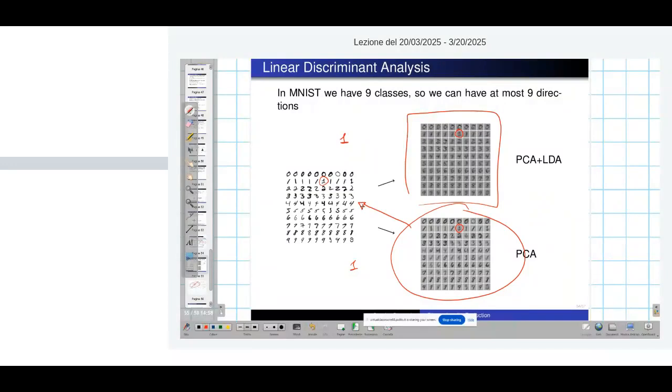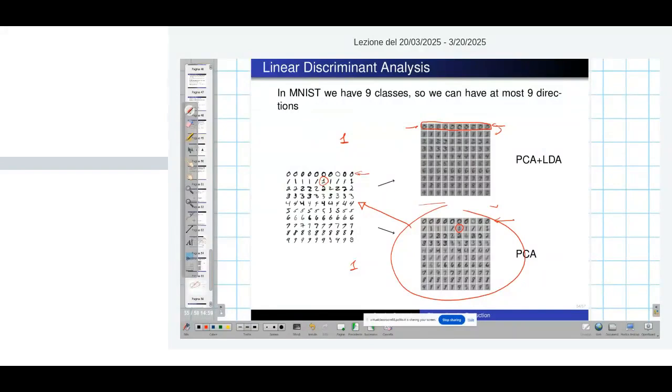What does it mean? It means that it finds directions so that when we project the data, images of the same class will be close and they will be far from images of different classes. If you look at these images, you see that for the same class, what you obtain are images that are much more similar between themselves than what you get with PCA or in the original dataset.